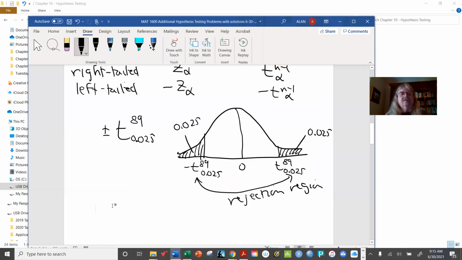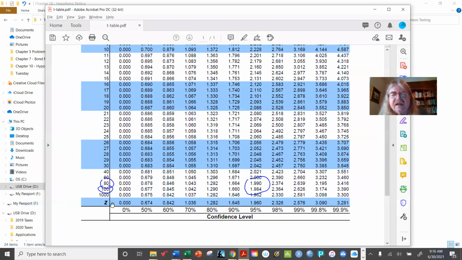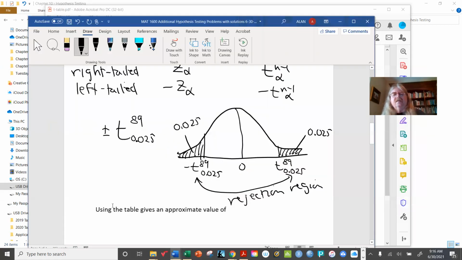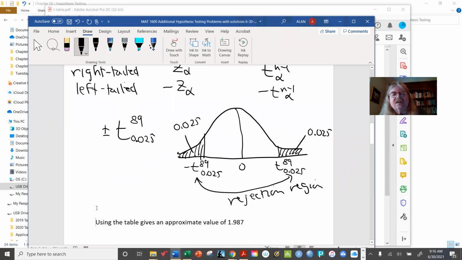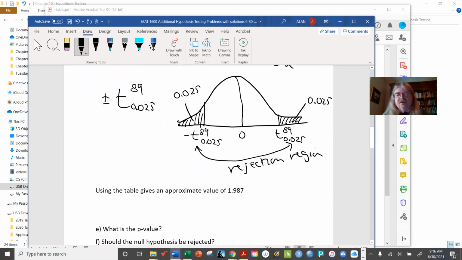Using the table gives an approximate value halfway between those two that we just looked at, 1.987. And we kind of got lucky here that we're halfway in between. If we had, say, 86 or something like that, it would have been a lot more difficult.